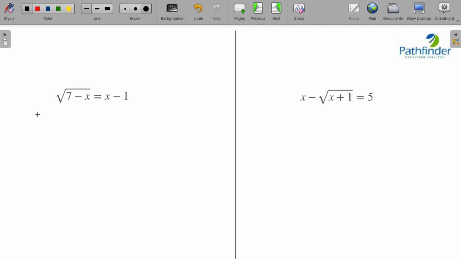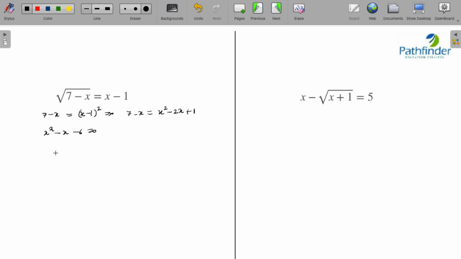On the left hand side, you will get 7 minus x, and on the right hand side you will get x minus 1 the whole square, and that reduces to 7 minus x is equal to x square minus 2x plus 1. You simplify that, you get x square minus x minus 6 is equal to 0.